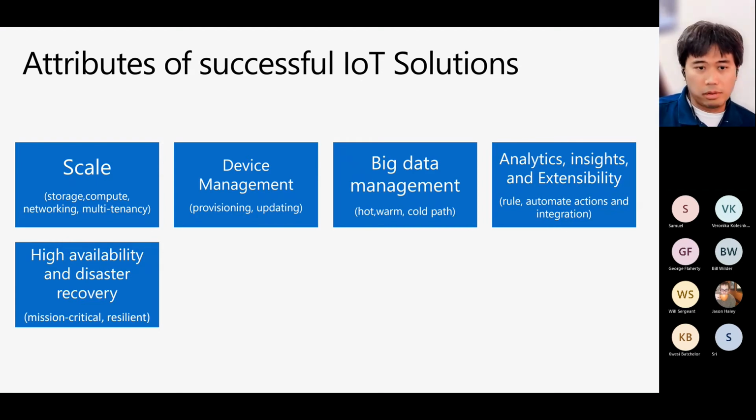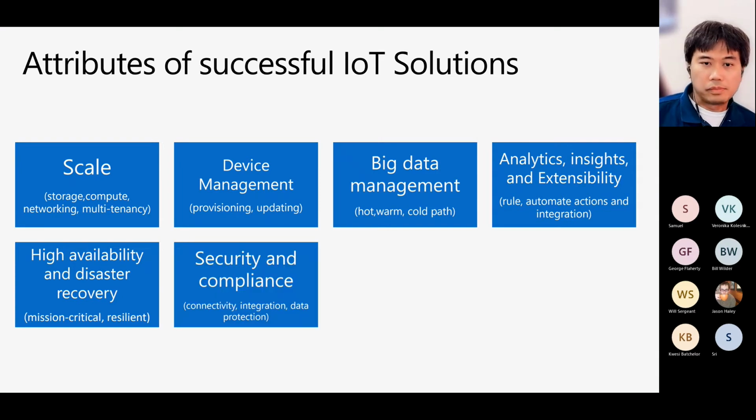Another one is high availability and disaster recovery. Some devices out there, especially IoT devices that are deployed in a hospital, or some mission critical location, have to have high availability and disaster recovery. They have to be resilient to failures on the network or even disk, right?